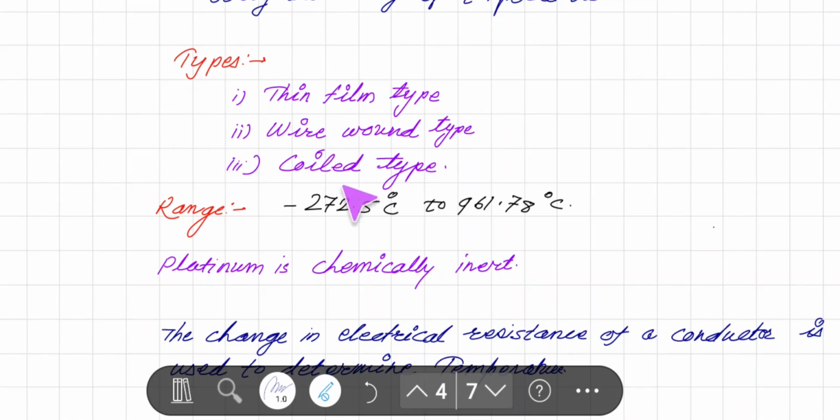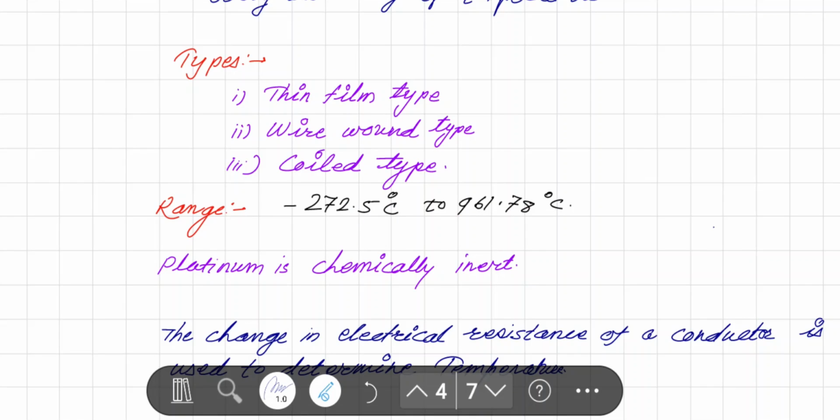The range of platinum resistance thermometer lies between minus 272.5 degrees Celsius to 961.78 degrees Celsius. And as we know platinum is a chemically inert material, so no chemical reaction can affect the linearity of measurement of temperature using this platinum resistance thermometer.